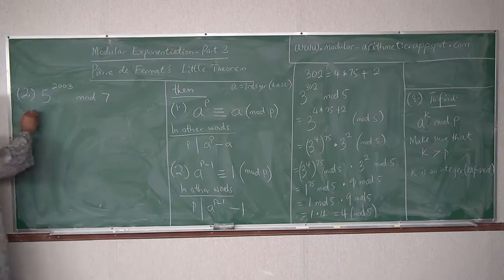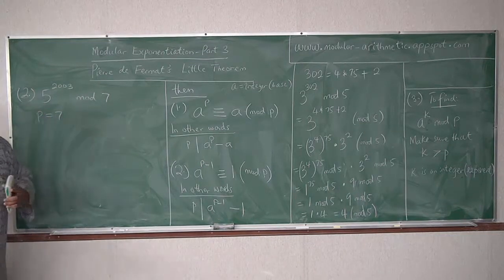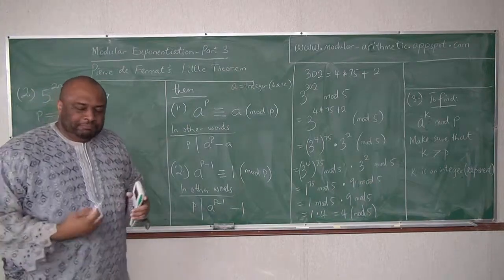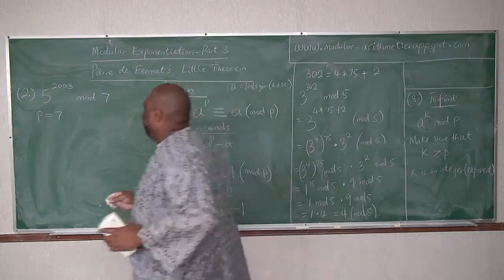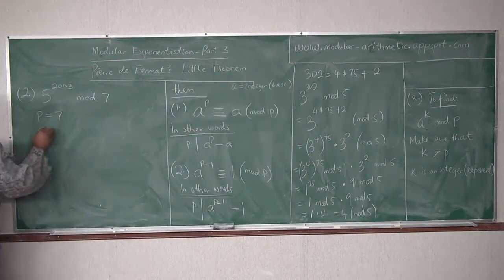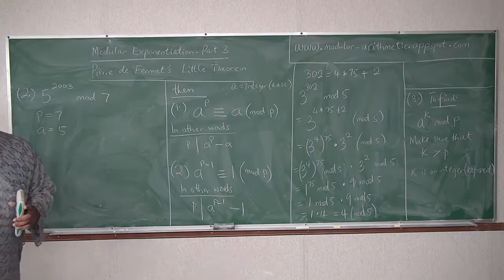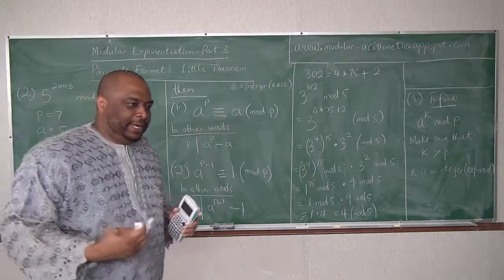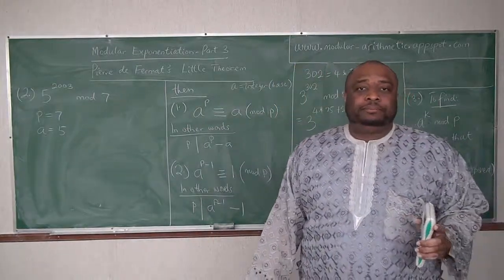P is 7. Is 7 a prime number? Yes, it is a prime number. A is 5, the base. Can 7 divide 5 without a remainder? No. Good.